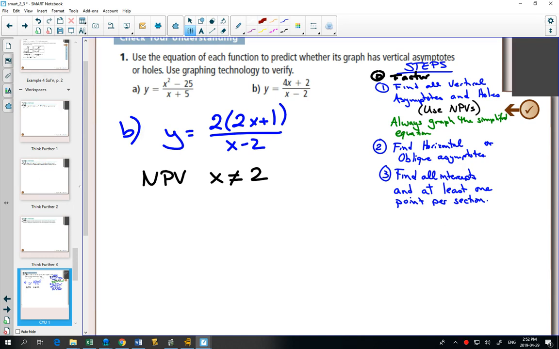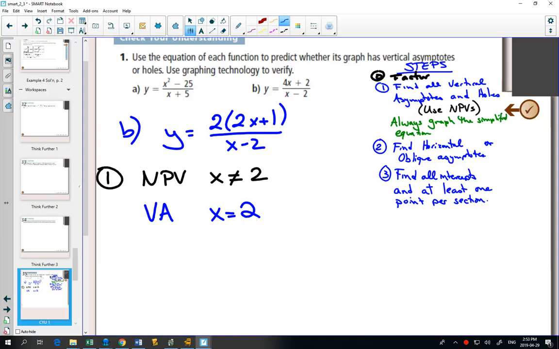Step 1 says, is that non-permissible value going to be a hole or a vertical asymptote? Does that factor cancel out? No. Since it doesn't cancel out, we know that we have a vertical asymptote at x equals 2. Nothing simplifies, so the green part doesn't come into this at all. We still have the original equation.